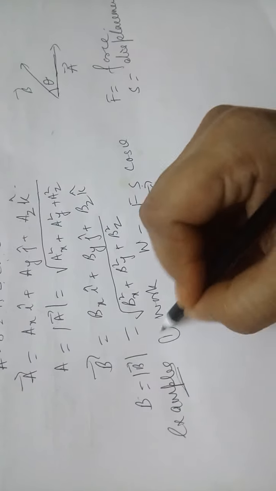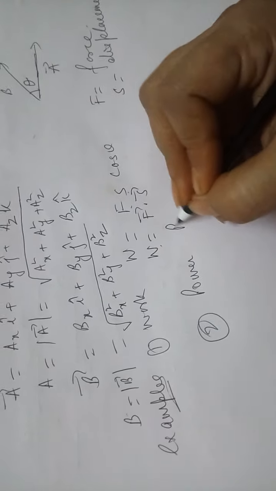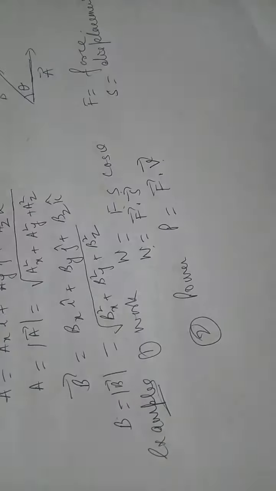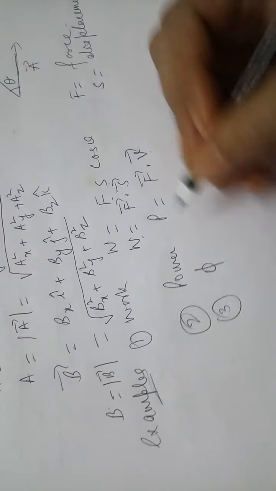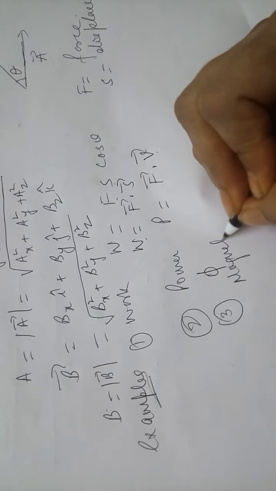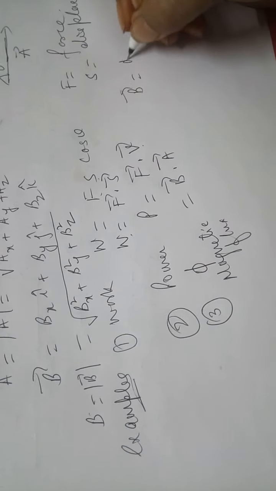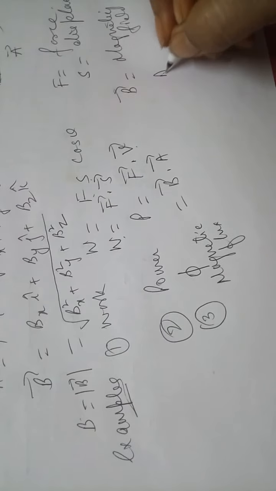Another example is power. Power is written as P equals F vector dot V vector, where V is the velocity. We can also represent magnetic flux, phi, as B vector dot A vector, where B vector is the magnetic field and A vector is the area vector.